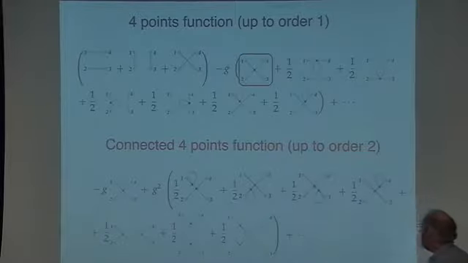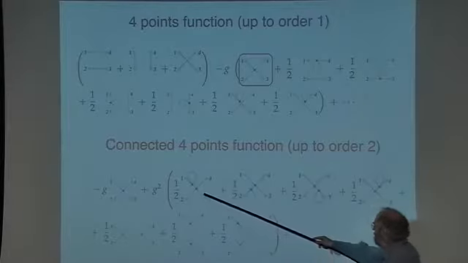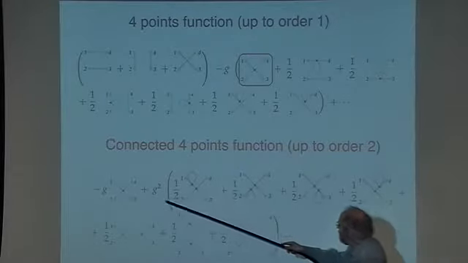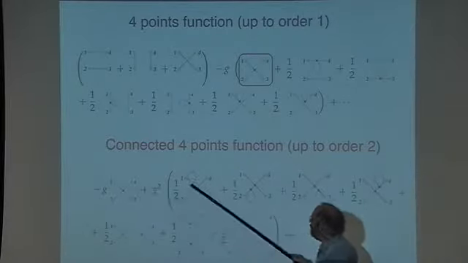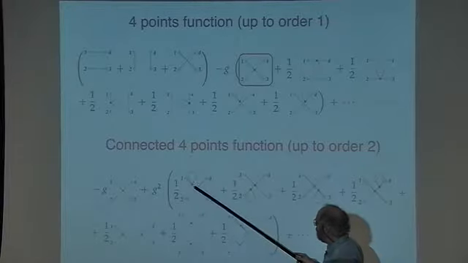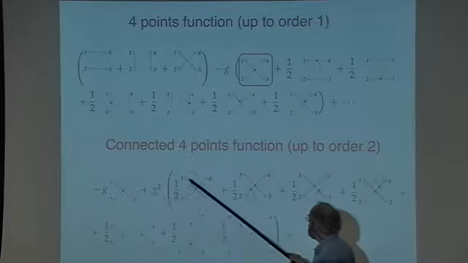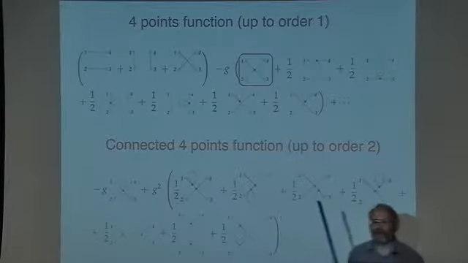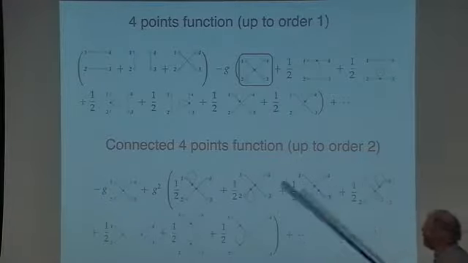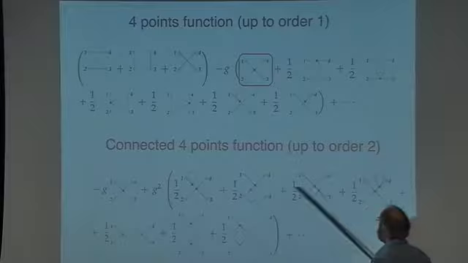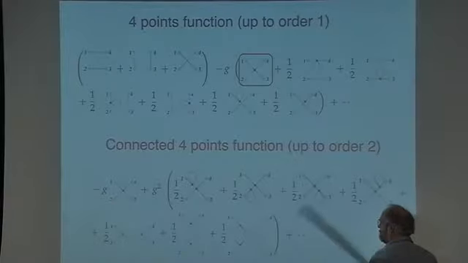And then there are more diagrams than just this one, but you have the diagrams where you take this cross and graft on each of the propagators one of these one-loops. You see? So you get this one, this one, this one, and this one.